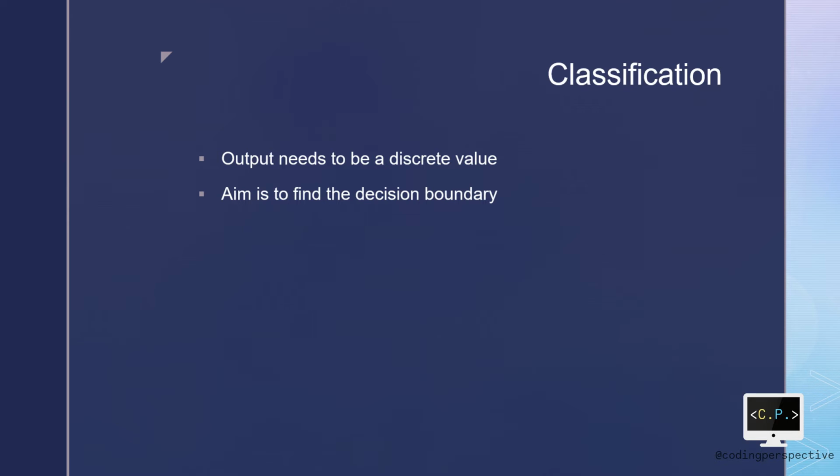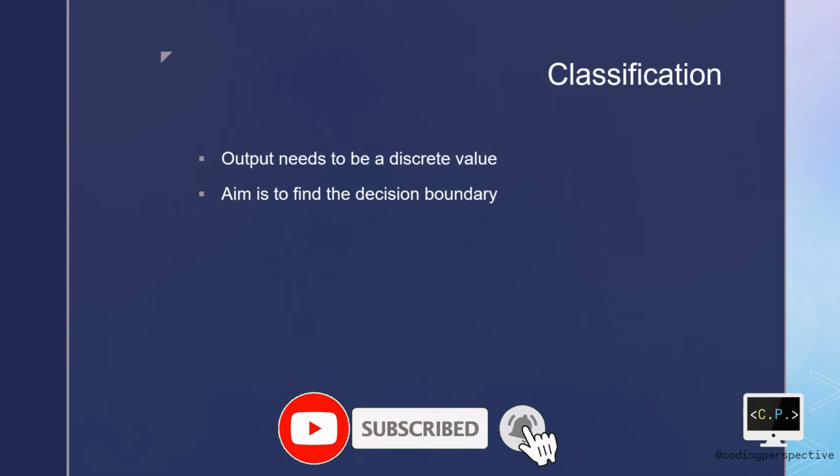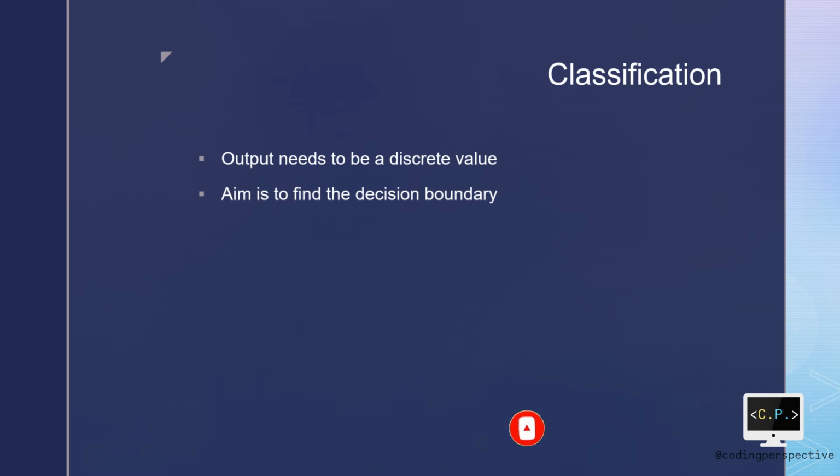Let us have a close look at the classification algorithms. In classification, the output variable must be a discrete value, so that we can select or classify among the finite number of categories. In classification, we try to find the decision boundary, which can divide the dataset into different classes.